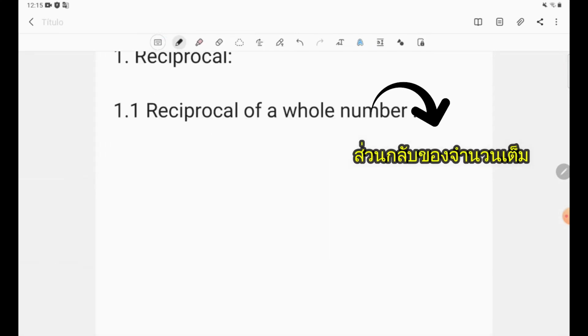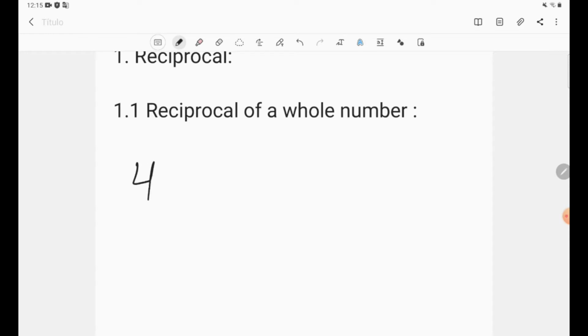For example, if we have the number, let's imagine number 4, the reciprocal of this number is the fraction that we should multiply to get 1. A fraction that when we multiply we get 1. So we are going to look for a fraction that has the whole number in the denominator, and a number in the numerator that multiplying 4 is going to get 4, because 4 over 4 equals 1, right?